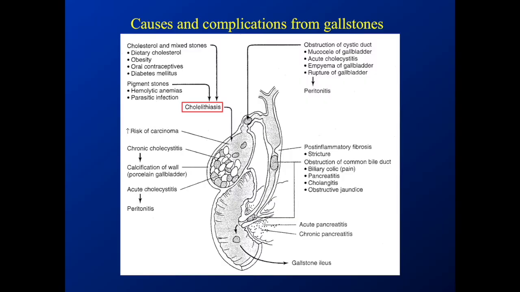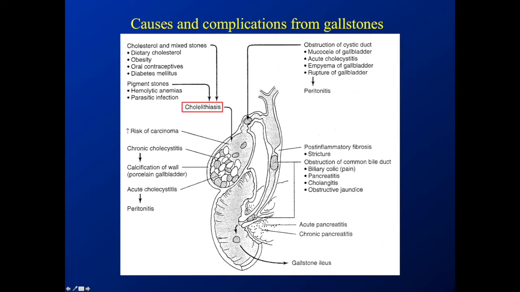This table summarizes some of the things that can happen from gallstones. So a buildup of gallstones can cause calcification of the gallbladder, leading to inflammation, and actually the inflammation of the wall can create fistulae, and the gallbladder can leak, giving you peritonitis.